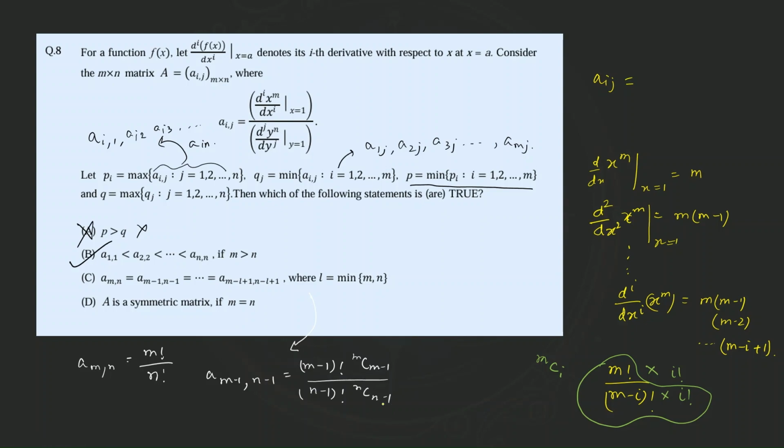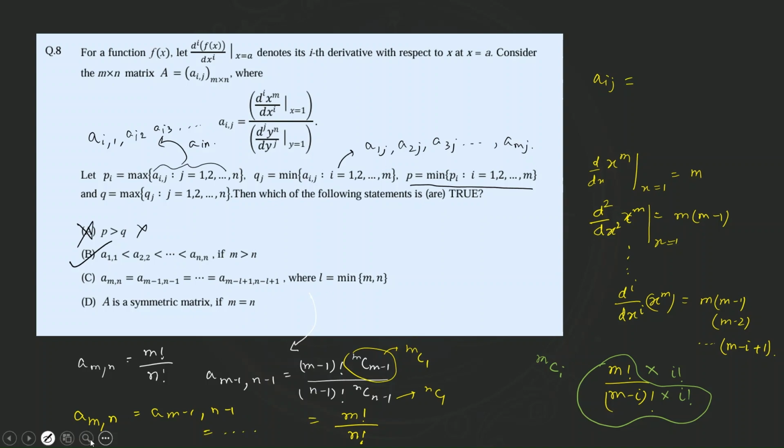Now if we simplify these binomial coefficients, we can write mc1 and nc1. That means it will be m into m minus 1 factorial, that means again m factorial, and n into n minus 1 factorial, that means n factorial. So we can see clearly, for upcoming terms also, that amn is equal to am minus 1, n minus 1, equal to so on.